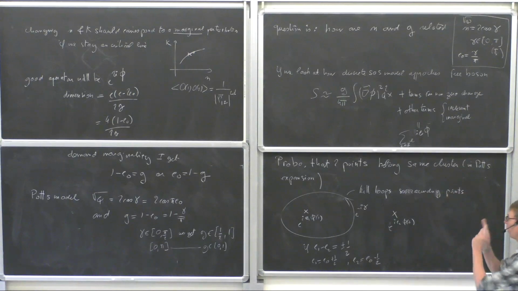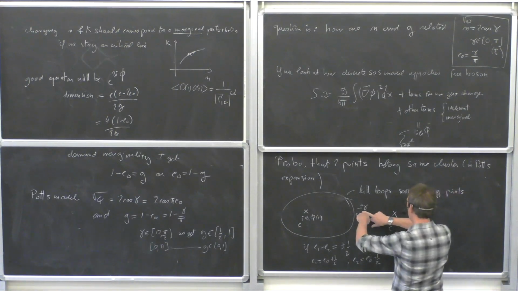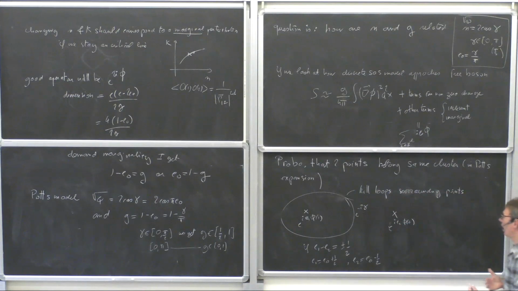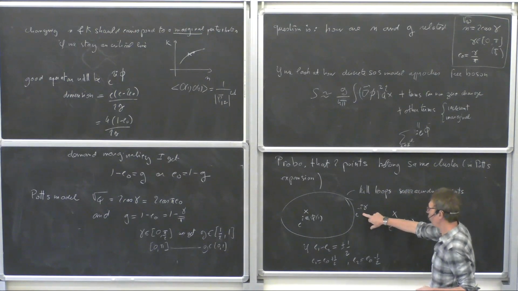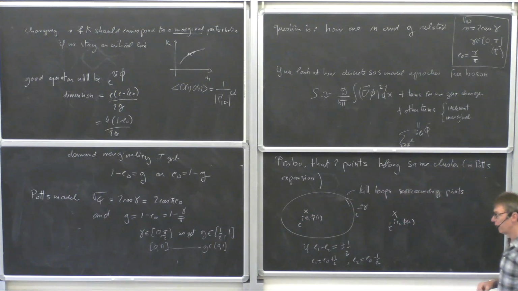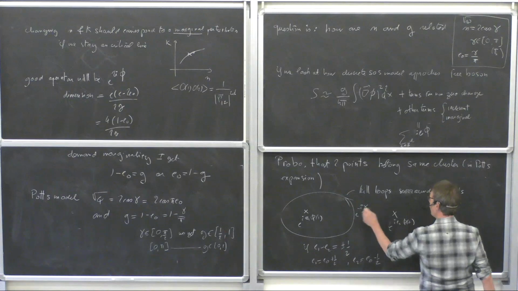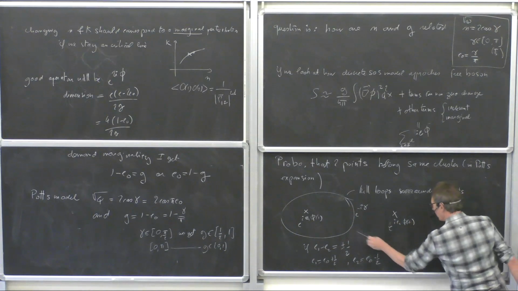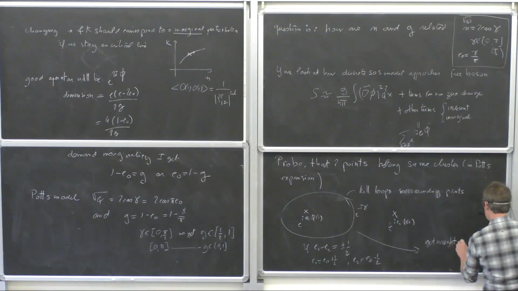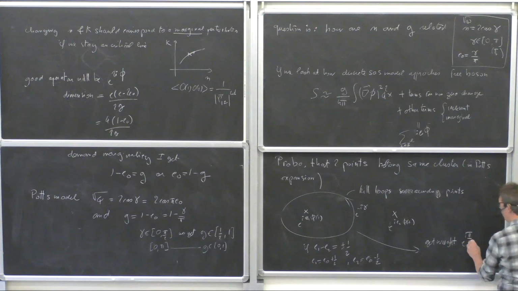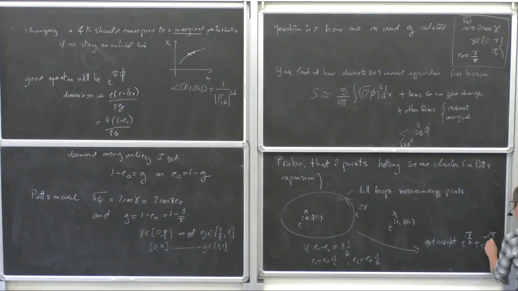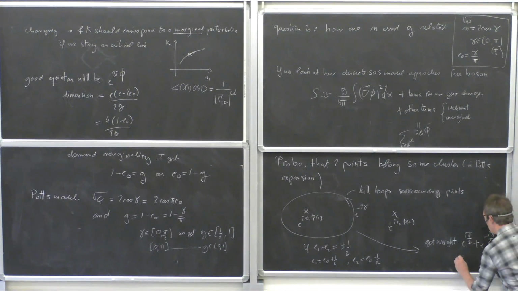Now e to the 2I e0 pi was killing the e to the minus I gamma, replacing it by an e to the plus I gamma. E to the I e0 pi simply makes this into 1, and the 1/2 gives to this loop the extra factor I. So in the end, the loops surrounding the points simply get the weight e to the I pi over 2 if I go in this direction, and e to the minus I pi over 2 if I go in the other direction, which add to 0.